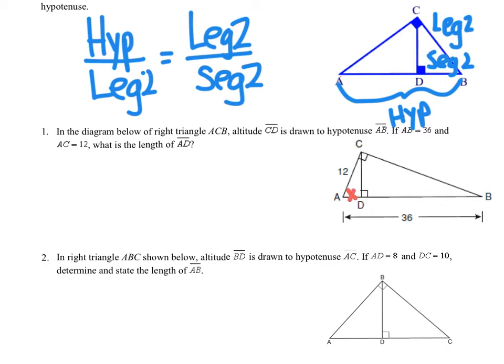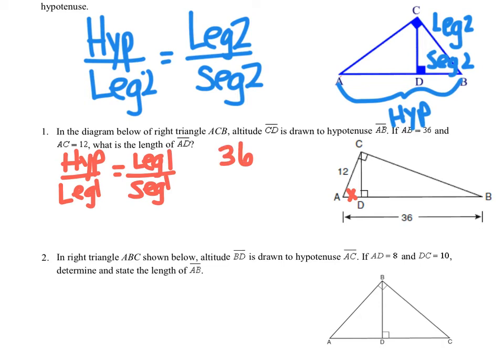Using HLLS, we'll need the hypotenuse, leg 1, leg 1 again, and segment 1. The proportion is going to look like 36 over 12 equals 12 over x.